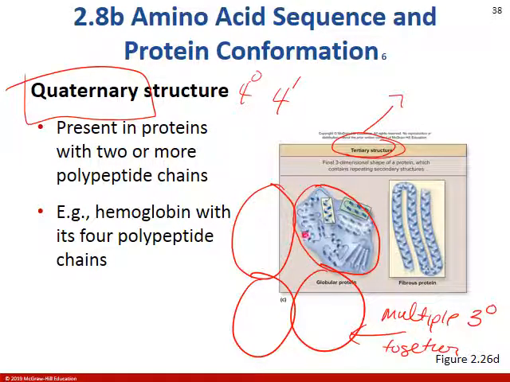So you'll have interaction between this amino acid and the one that's over here, and between this amino acid and this one over here. So basically a quaternary structure is just linking multiple tertiary structures together. There's a better image in your textbook. I just don't have the image here.